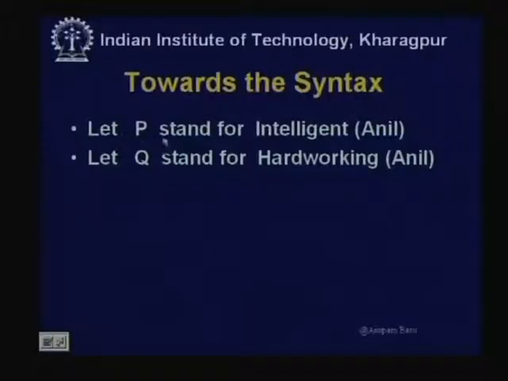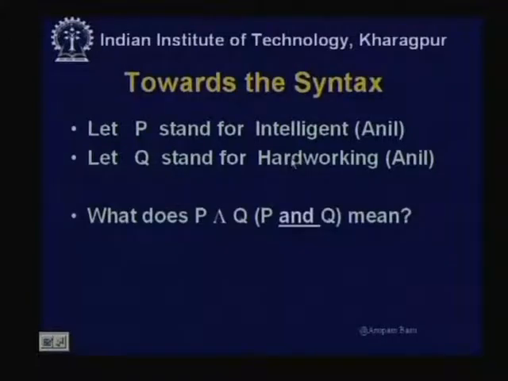Now, let P stand for this proposition that I was using, intelligent Anil. Let Q stand for hardworking Anil. Now, look at this symbol, this is a logical AND. What does P and Q mean? P and Q is a new proposition.